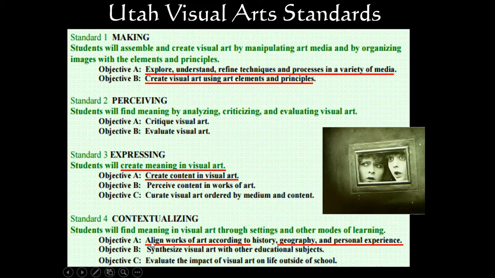You're always looking for ways to align your works of art with other things. That could be, in this case, geography for street photography or personal experience. So be thinking about the impact visual art has on life outside of school. If your photographs were published, how would they impact the viewers who saw them?